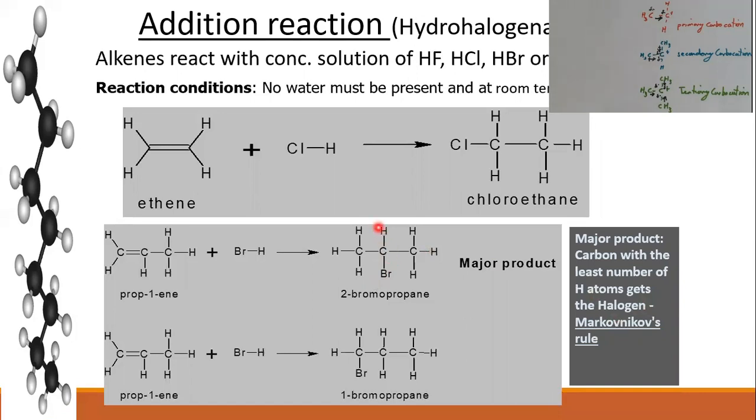Can you imagine why? Well, look at it. It's a secondary carbon. So my hydrogen will attach very quickly to my primary carbon over there, and then my bromine will attach to my secondary carbon. This is all to do with the energetics of bond strength as well.